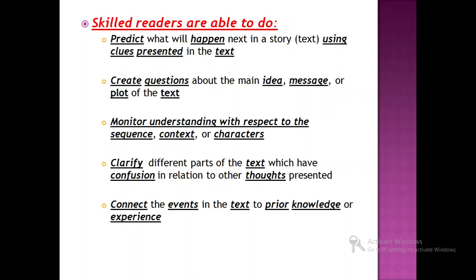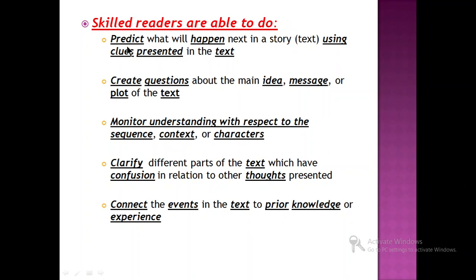A text which is written, a plot of a story, or a book which is written, will not have only one thought. वो सिर्फ एक thought के साथ नहीं होगी. Yes or no? Absolutely. When there are multiple thoughts of the people, and multiple thoughts given by the writer as well, there skilled readers are able to rectify the confusion which they get in between, and can understand that quite easily.